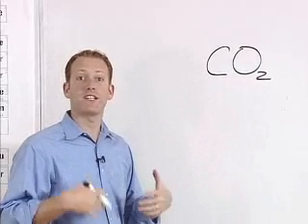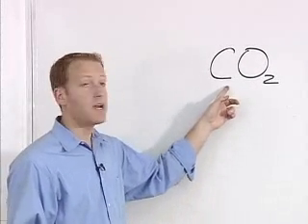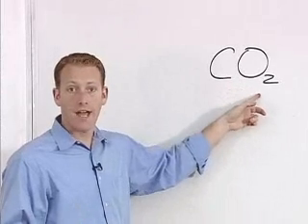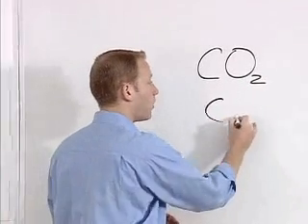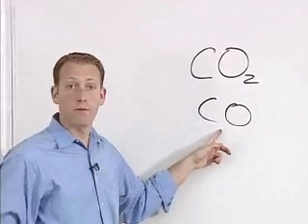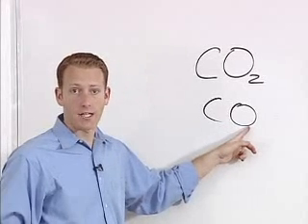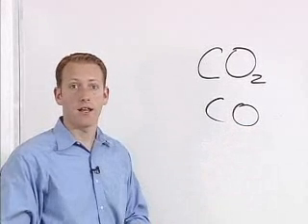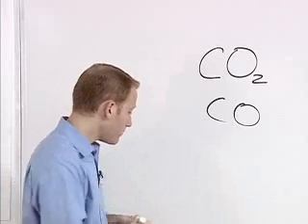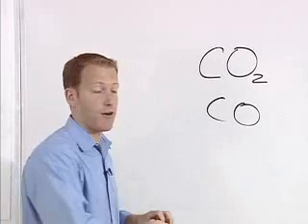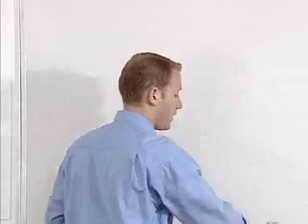You only have to say it for the second one. So this would be carbon dioxide. And if it was CO, this one would be carbon monoxide. Carbon monoxide. And that's the whole thing. And that's how you name binary covalent compounds, because that's all you need to worry about.